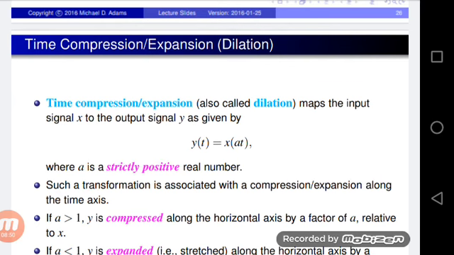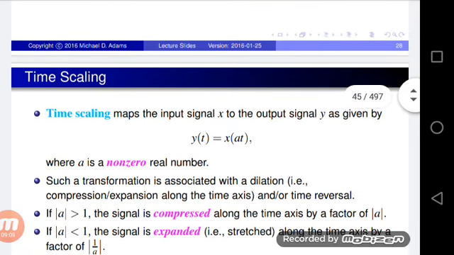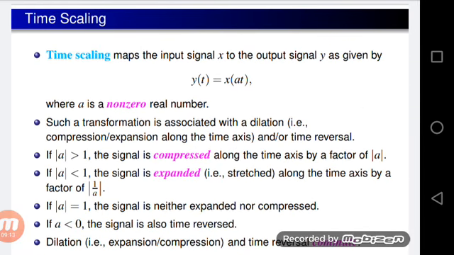We are observing the difference of a in the process of compression and expansion. In compression and expansion, a is a strictly positive real number. In time scaling, a is a non-zero real number. Such a transformation is associated with dilation or expansion, and with reversal along the time axis.